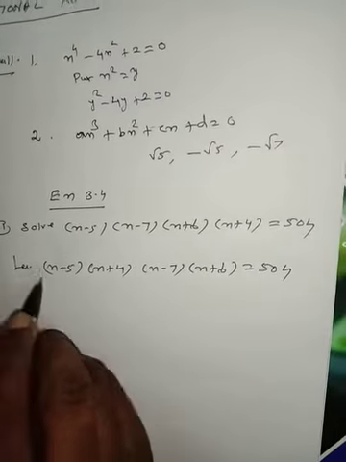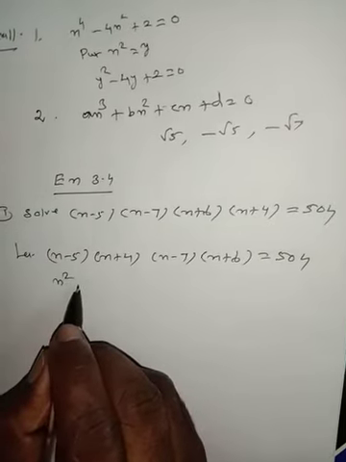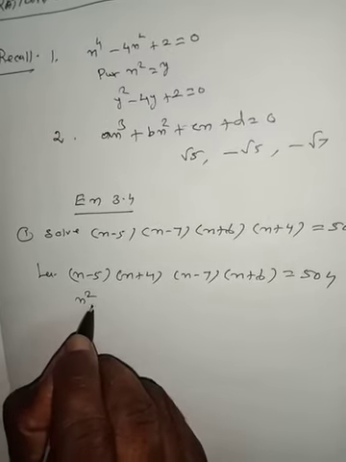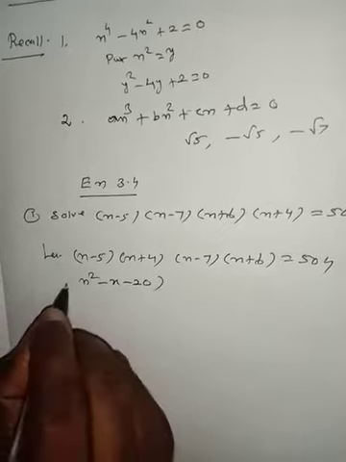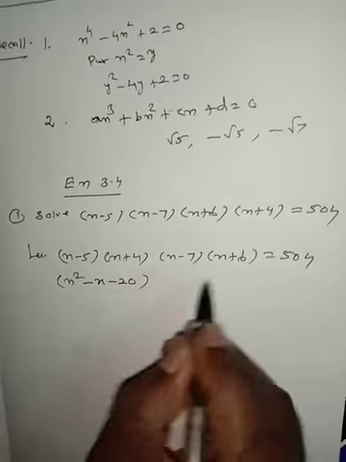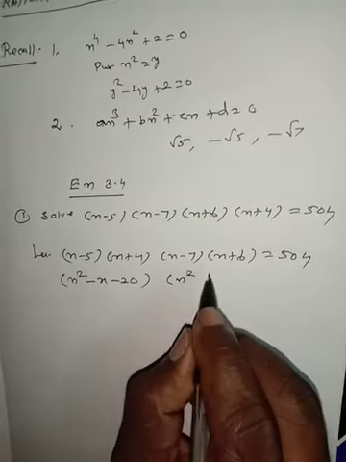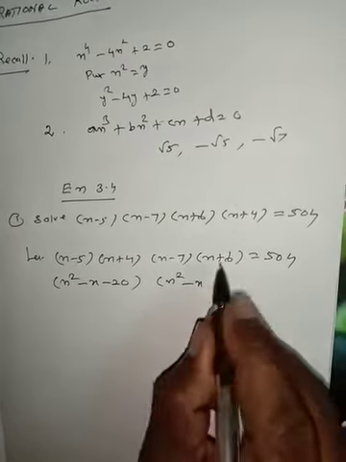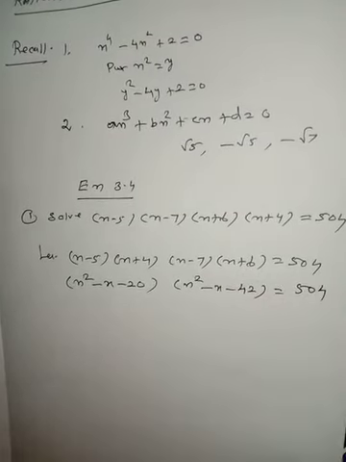The product gives x square minus 5x plus 4x minus 20. Third and fourth factors, the product gives x square minus x minus 42 is equal to 504.